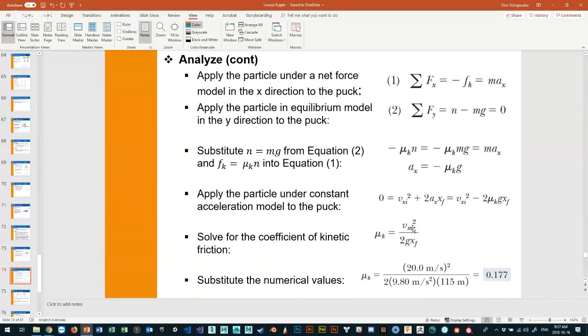If you take the initial velocity, which is 20 meters per second, squared, over 2 times gravity times the total distance traveled, you get 0.177.